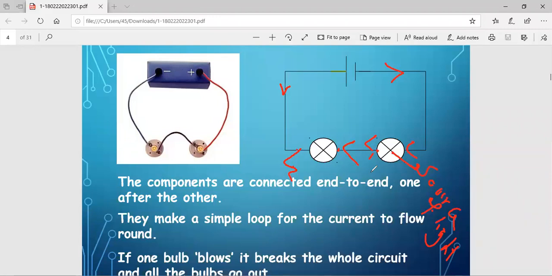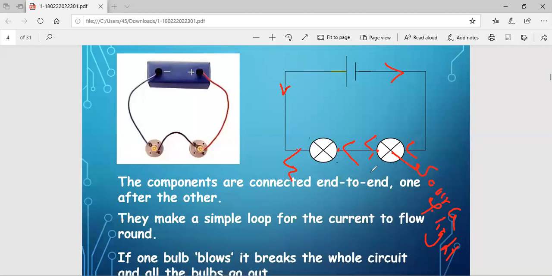So what is the function of using series circuit? We are using series circuit because we want our current to be fixed. Suppose you want a certain amount of current to be allowed inside your system, because you don't want much more current to come through your circuit.